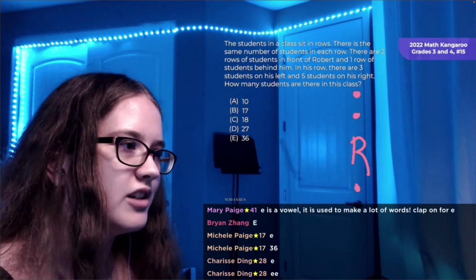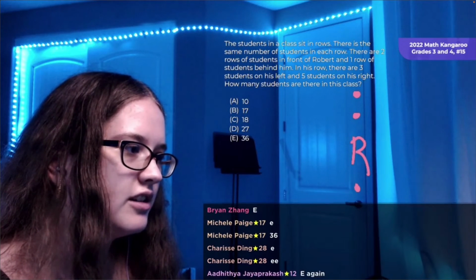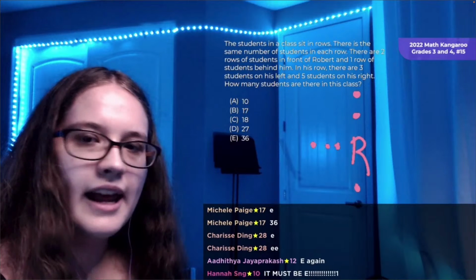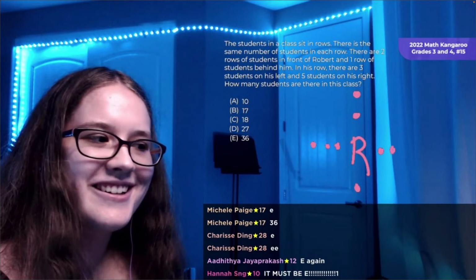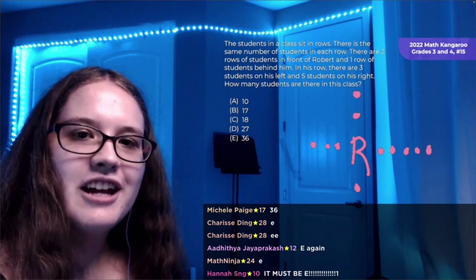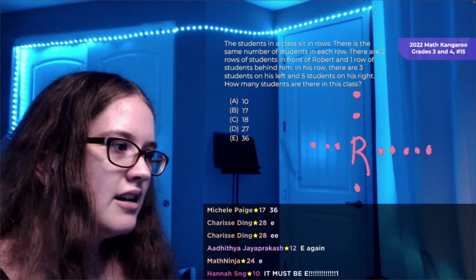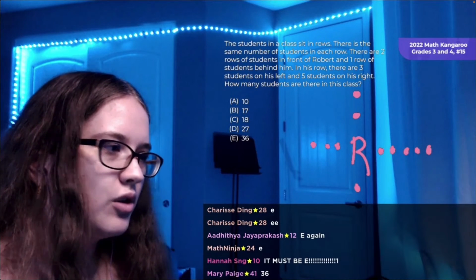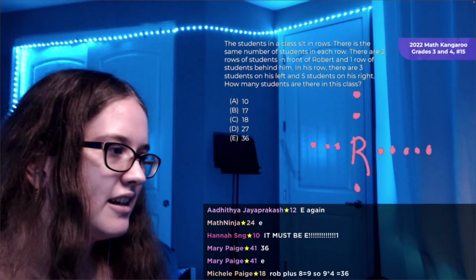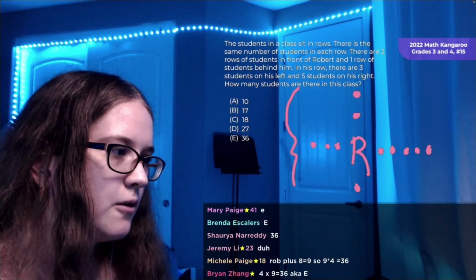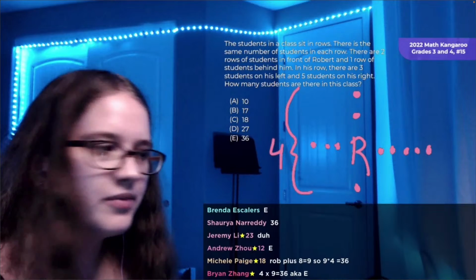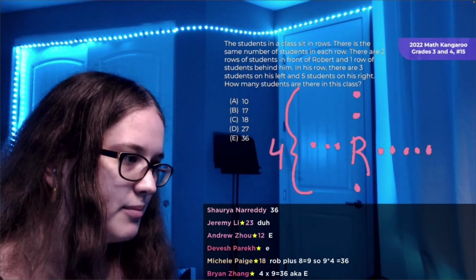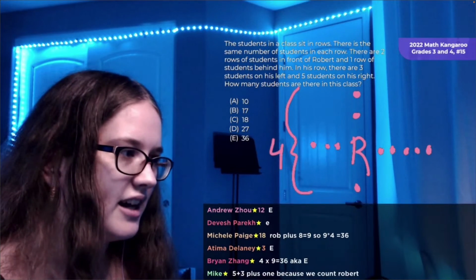And Robert has 3 students on his left and 5 on his right. So, how many people is this? Well, we can see that this is 4 tall and 3 plus 1 plus 5, that's 9 wide.